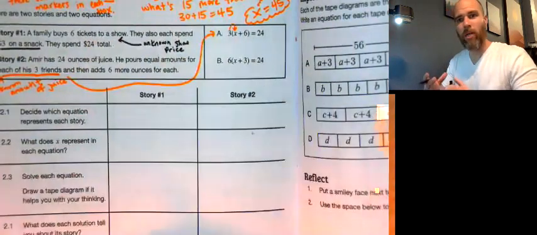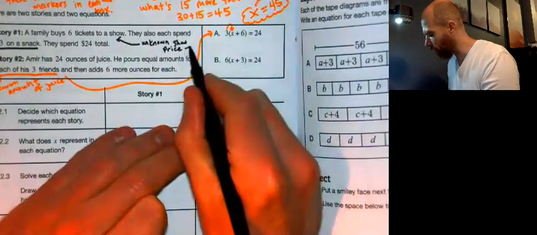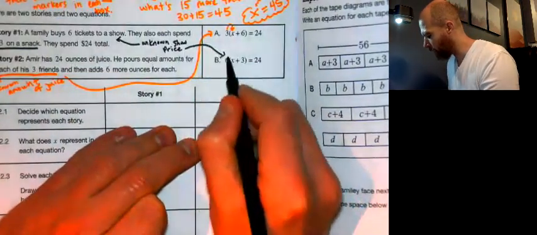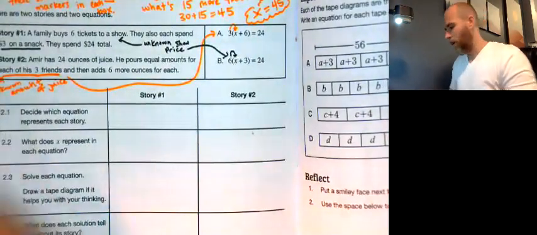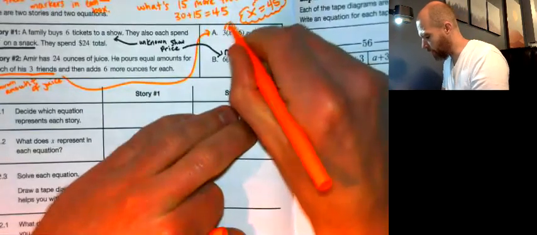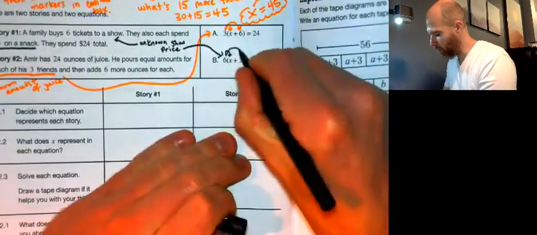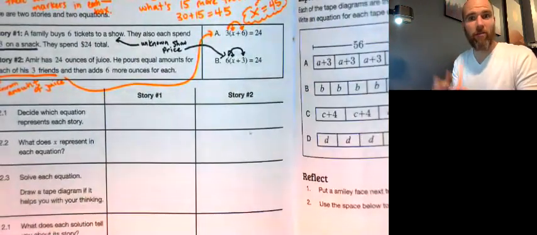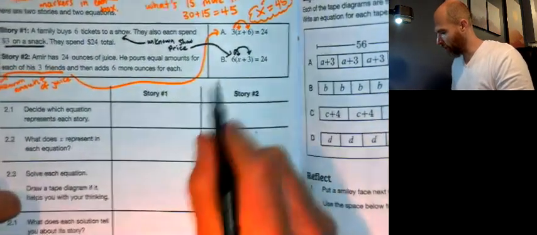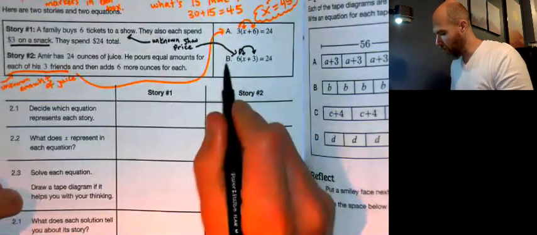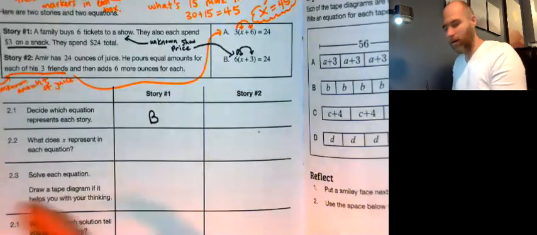And so that one we would expect to see 6x, or 6 being multiplied by x somewhere. And when I look here, I see 6 times x. And so obviously you would also distribute the 3 to the 6 here, and you would also distribute the 6 to the 3. But I was just using what's going on with the variable to help me really figure out which one is which. So I think that equation B goes with story 1, and equation A goes with story 2.